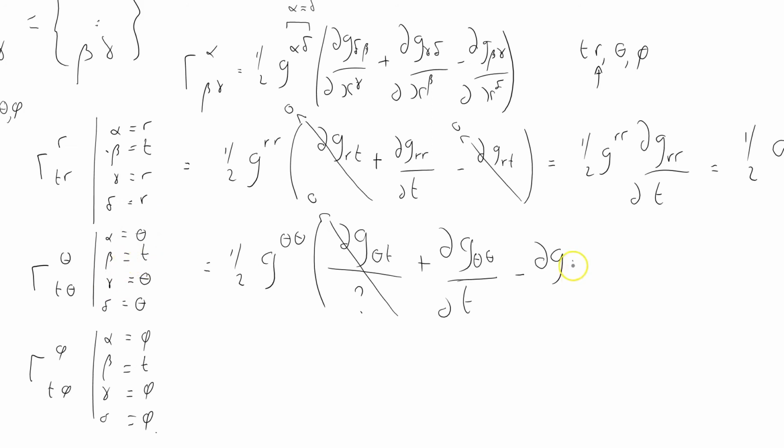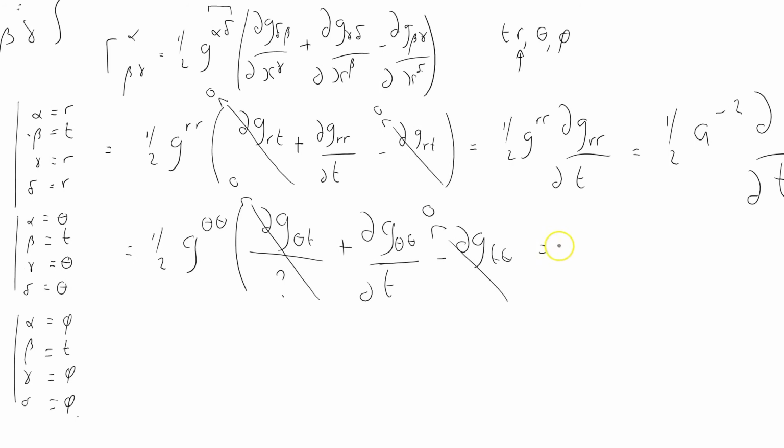Beta is T, so it's T theta, off diagonal, 0, don't care. That equals 1/2 g superscript theta theta times the derivative of g downstairs theta theta with respect to t.